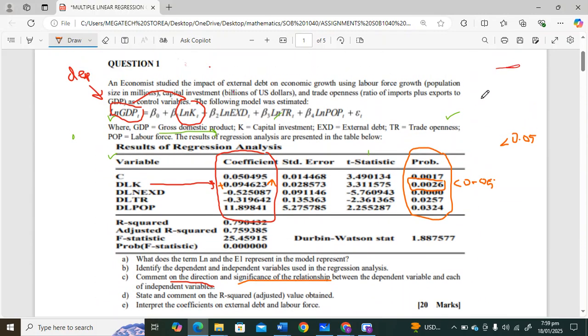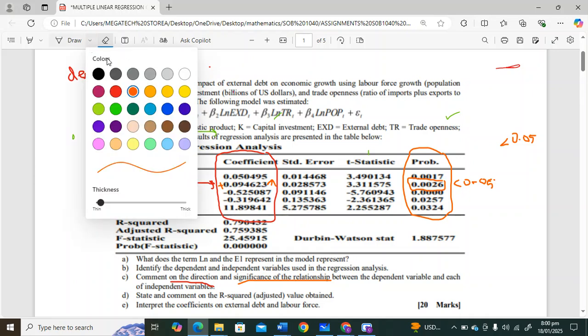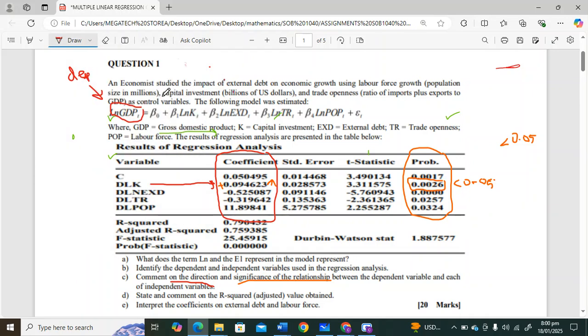Next, we're now going to see the relationship between GDP and external debt. We see the coefficient.